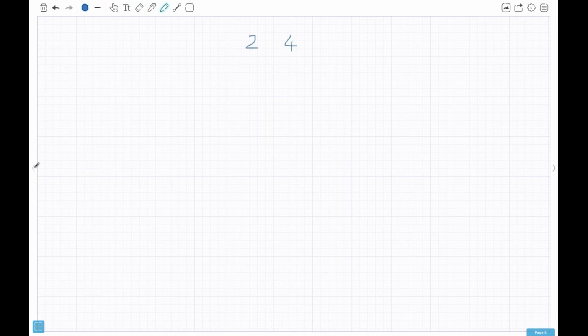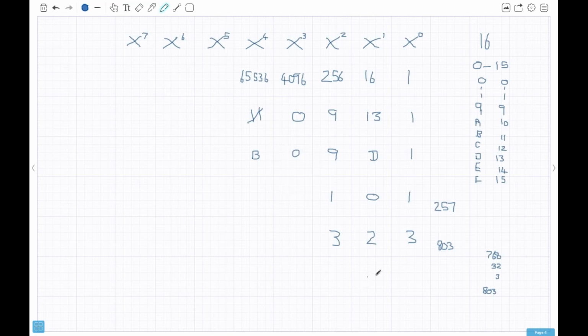From hexadecimal calculations and mathematics, we have the number 2, 4. Two 16s plus 4, we know that's 36. Okay, that's 36.